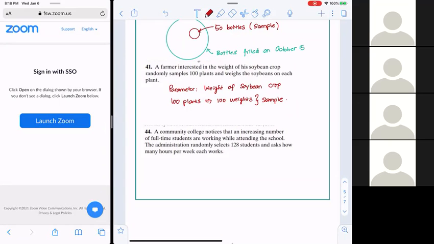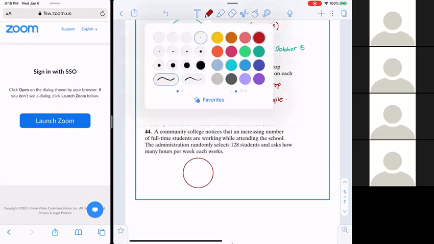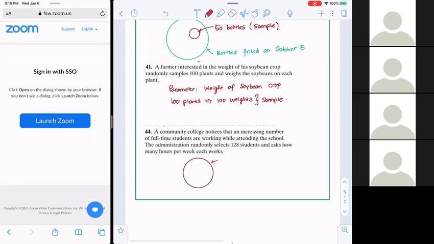So the full-time students at the community college would be our population.